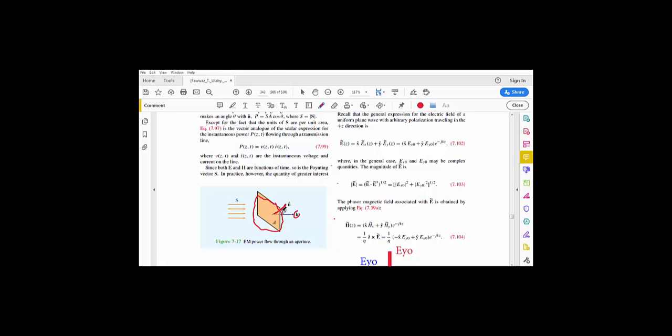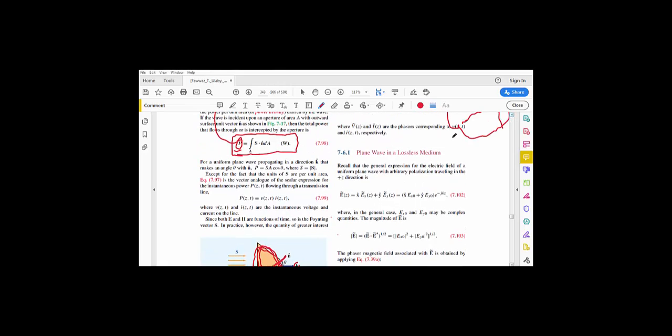So n could be applied parallel with k, or maybe there's an angle between them, so it's very important to know this angle, and then we can calculate how much power will be received or incident on this area by taking the integration of the area and the power density. So the power, if we know this area A, is equal to the magnitude of the power density multiplied by the cosine of theta between n and k.